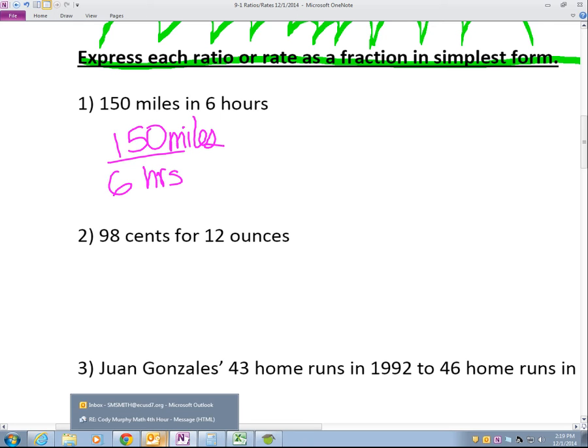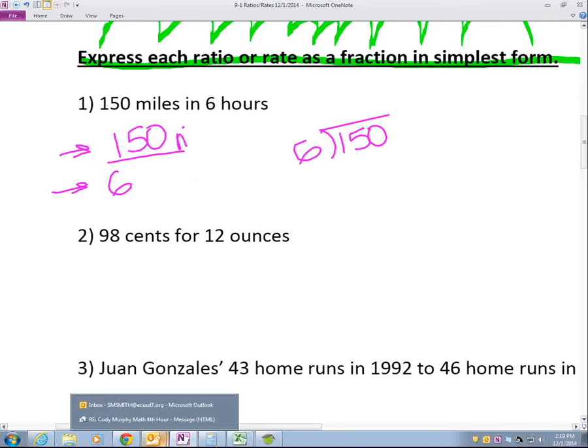That one's actually even a unit rate, but the way I'd find this is I'd find the greatest common factor of 150 and 6 and see which one goes into all of them. It's actually 6, which means my unit rate is going to be for 1 hour. So another way I could do this is, I have 150 over 6. Do you agree that that's 150 over 6?